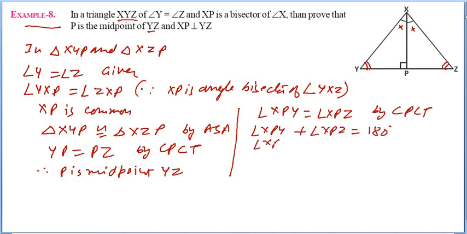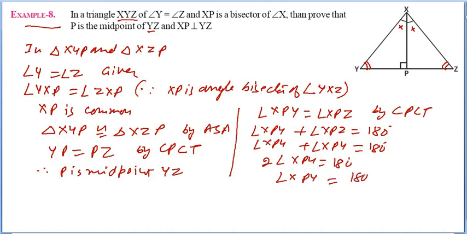So both angles are equal, so we can write 2 angle XPY is equal to 180. So angle of XPY is equal to 180 divided by 2. So we get 90. So you can write XPY is equal to 90 degree. That means XP is perpendicular on YZ. So that one is also true.